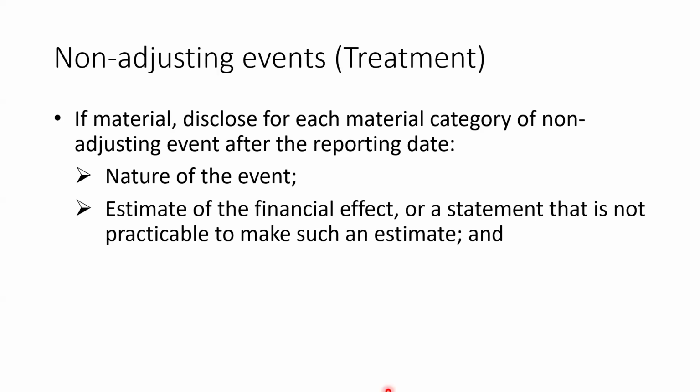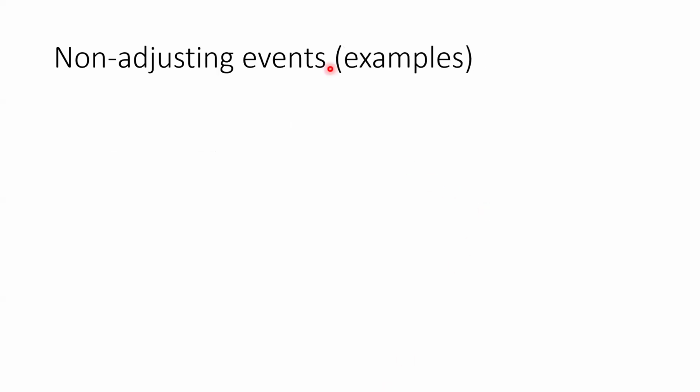The nature of the event and the estimate of the financial effects. Estimate it and put it in the notes to the account, describe the nature of the event that occurred, and if there is any explanation, give it. That's the kind of disclosure you make for non-adjusting events.